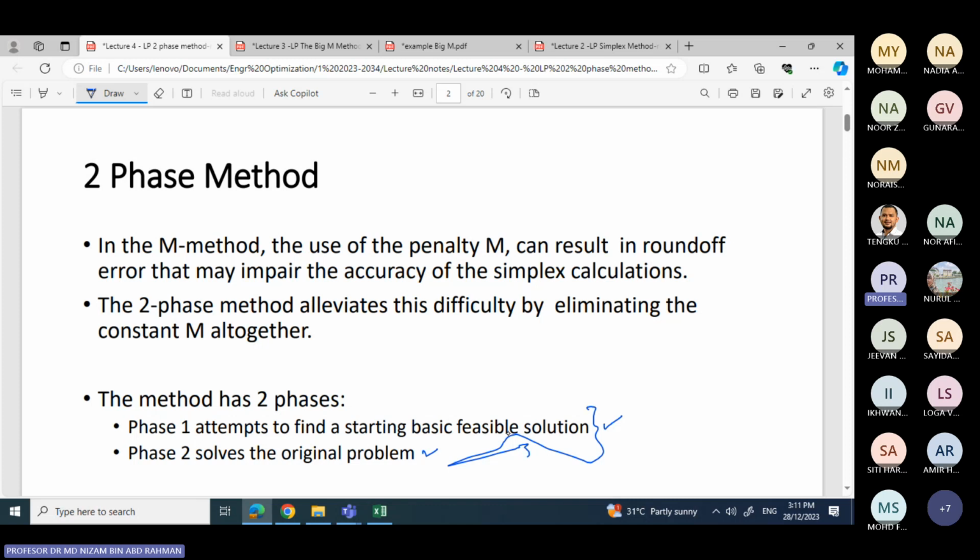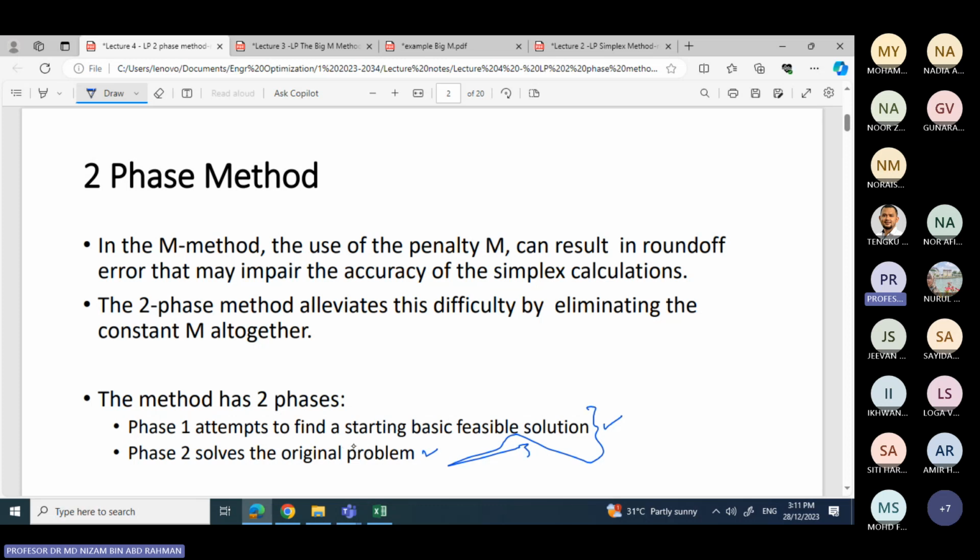So again, the two-phase method is the preferred method whenever you use programming because of the round-off error that might occur using the big M method. Most of the software is designed using the two-phase method.